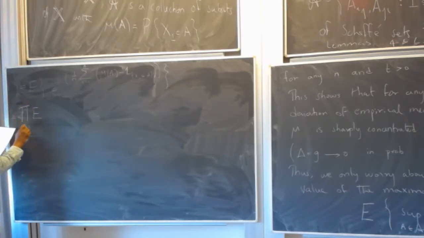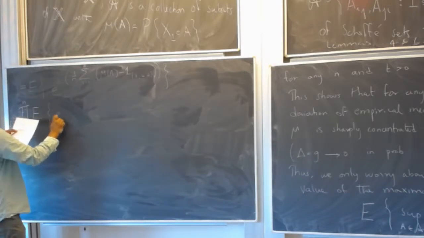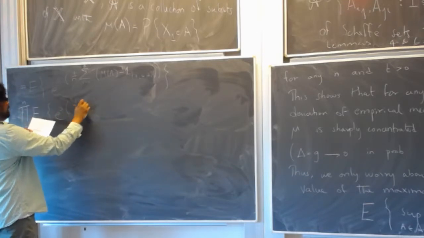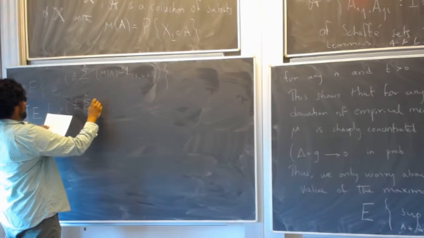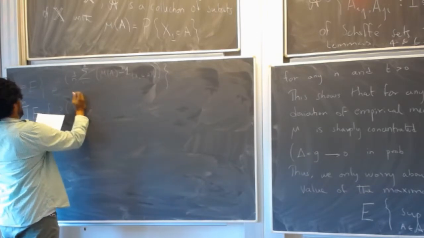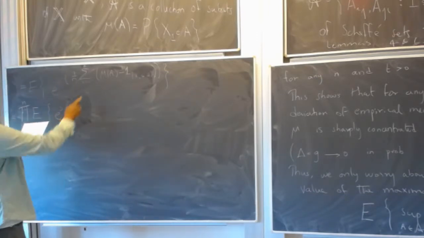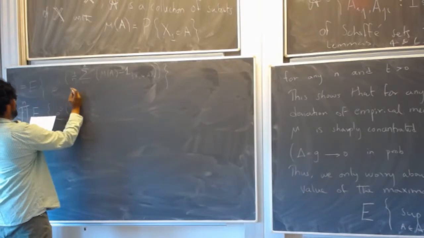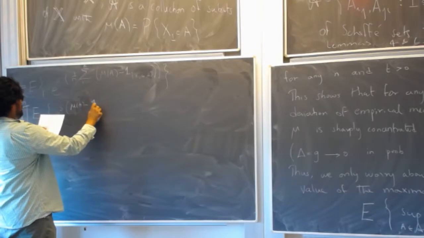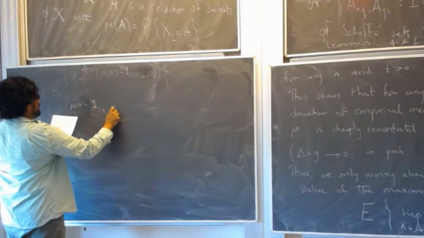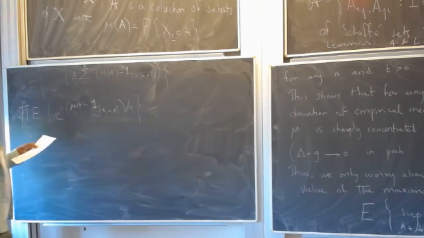I can just rewrite it like this. I already pulled this out, so e to the minus s, and then I have mu of a minus the indicator function of x_i over n.